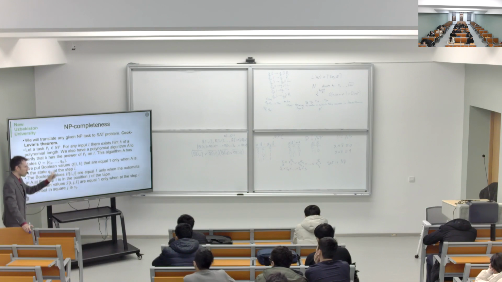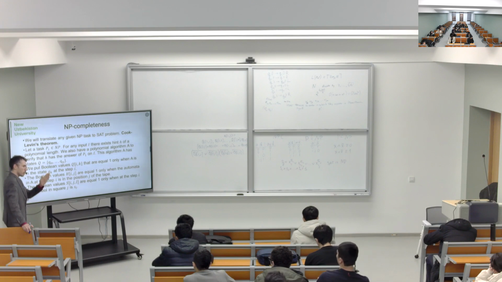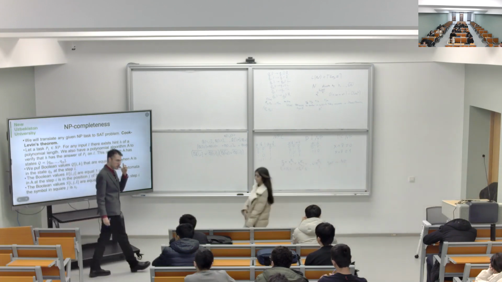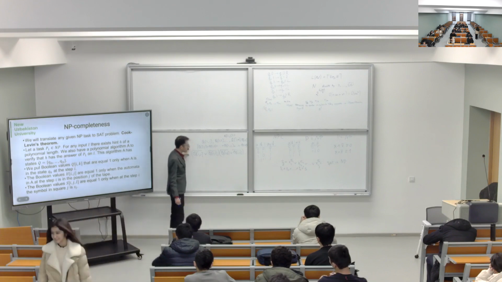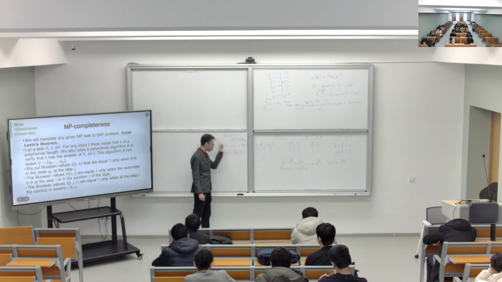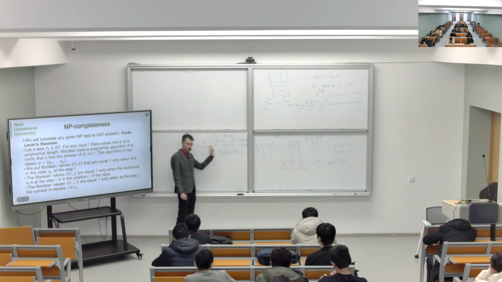We can number them, and say, okay, H_ij is equal to 1 if the machine at step i looks at this cell, and equal to 0 if it doesn't look at this cell. So we also need to make sure that only one of them is equal to 1. So we do the same thing. Just replace Q with H, and you will have the same thing. So we also make sure that one of them is equal to 1, and only one of them is equal to 1.